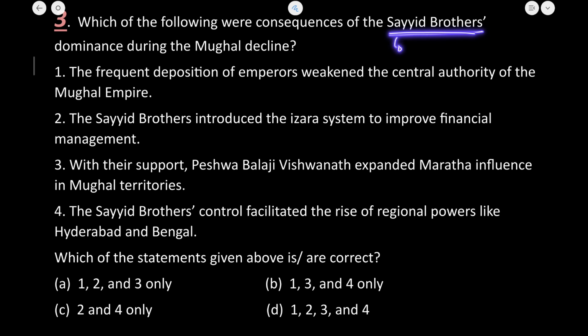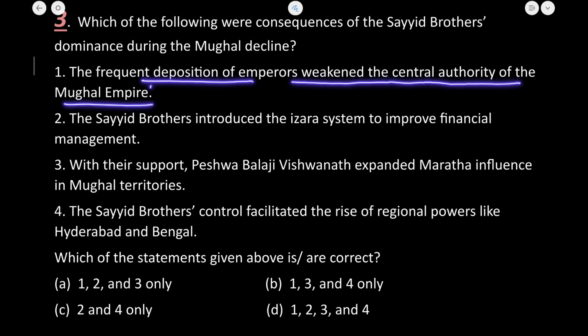Now next is: the frequent deposition of emperors weakened the central authority of the Mughal Empire. So yes, after the death of Aurangzeb, after the year 1707, a series of incompetent and weak rulers came that ultimately weakened the central authority of the Mughal Empire.